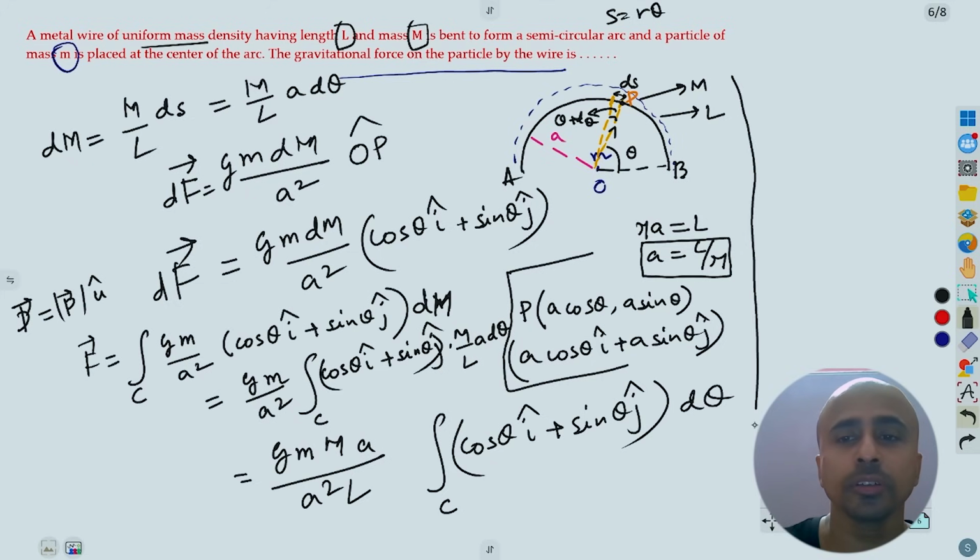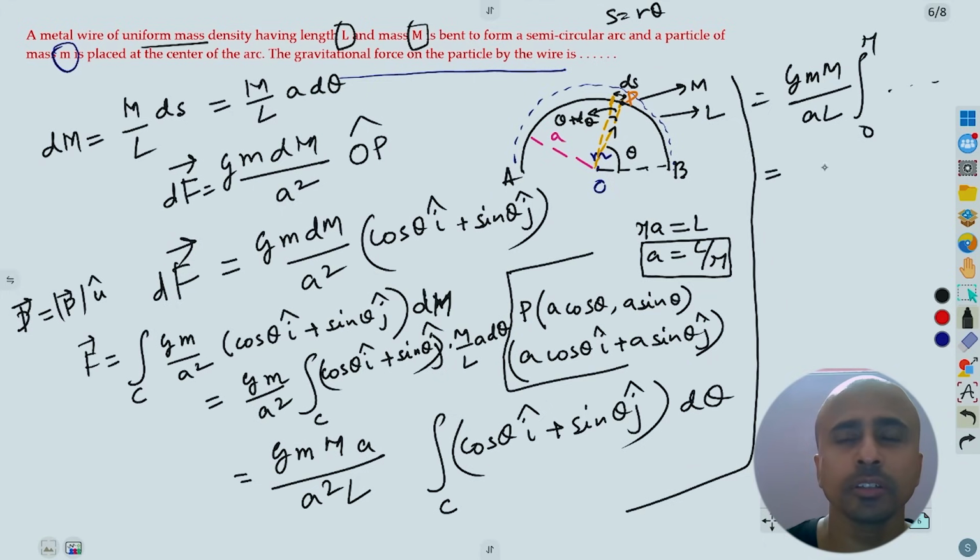So if we simplify this, a will get cancelled out. This is basically GMm by aL, and then the integral of, now see, theta is varying from 0 to pi, right? Here theta is 0, and here theta is pi. So this is from 0 to pi.